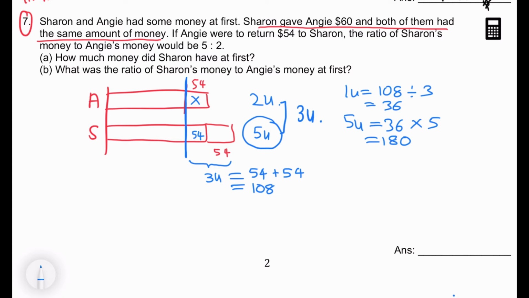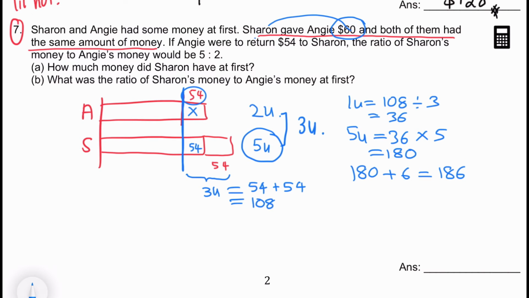But that's not all, because if you recall in the story, they said Sharon gave Angie $60 and Angie only returned 54. So by right, Angie should return an additional $6 more, or Sharon would have that $6 more, correct? So 180, the money that she had, I take back that $6 from Angie, I will have $186.